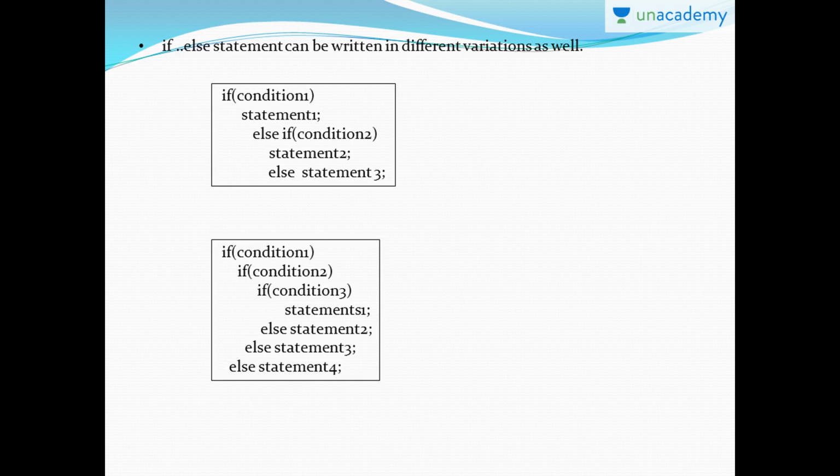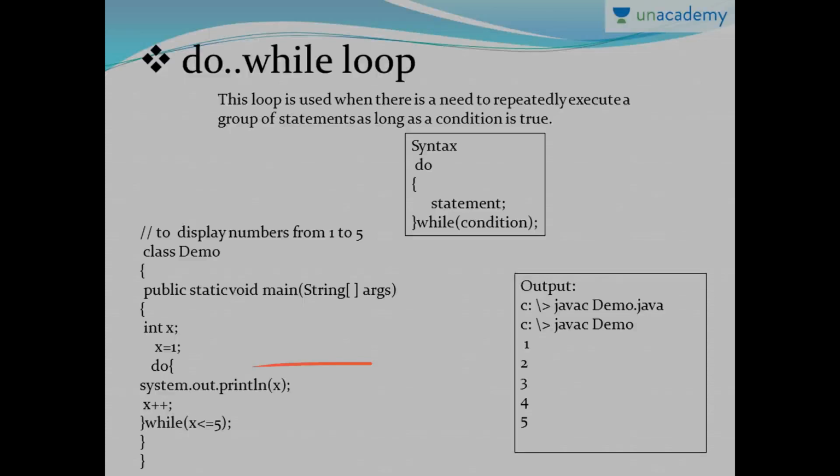In the second scenario, we give all the if statements along with the conditions, and then directly go for all the else statements along with their conditions. If this is true, this statement will be executed. If not, this condition is tested, else this statement will be executed, and it will go on for however many if conditions we want to give.